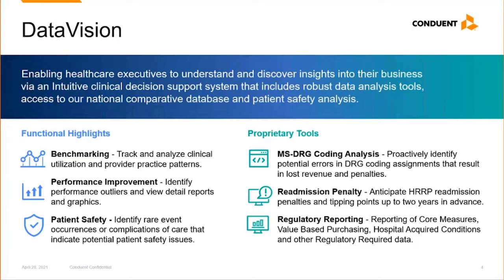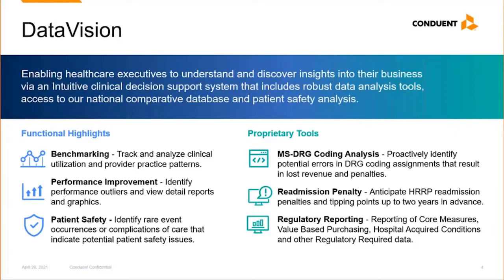We have a specific section set out that allows you to look at your penalties for readmissions up to 2 years in advance. And this is also your tool that your organization uses for regulatory reporting, such as core measures, value-based purchasing, hospital-acquired conditions, and other regulatory data. One thing you may not be as familiar with, but is available in DataVision, is our ambulatory measures that lets you look at outcomes for patients who are not admitted inpatients.